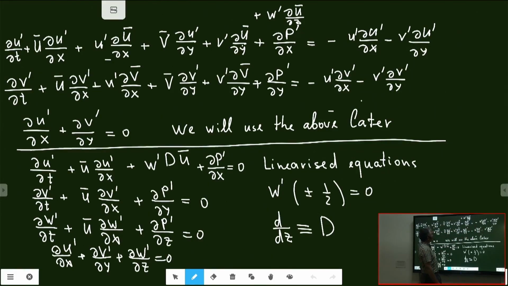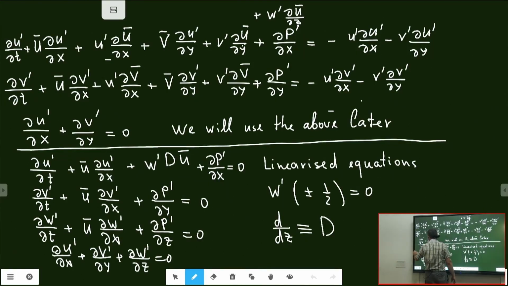All this is what we solved, ignoring this. But now we made a logical conclusion that U prime, V prime are not small anymore. They're sizable. So therefore, the right-hand side is not 0 anymore. So what we need to do now is to go back and try to solve the same problem without assuming that the right-hand side is 0. Is that clear? So that's what we will be doing now.